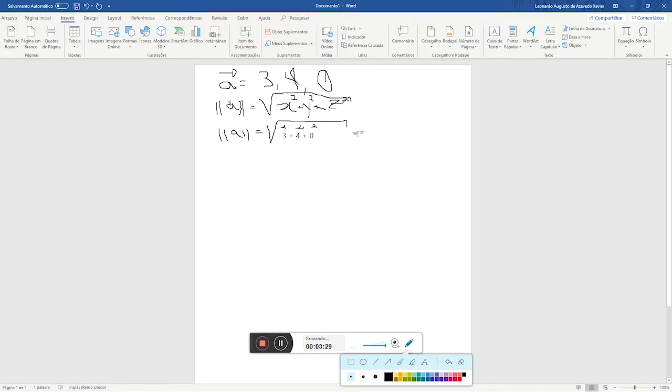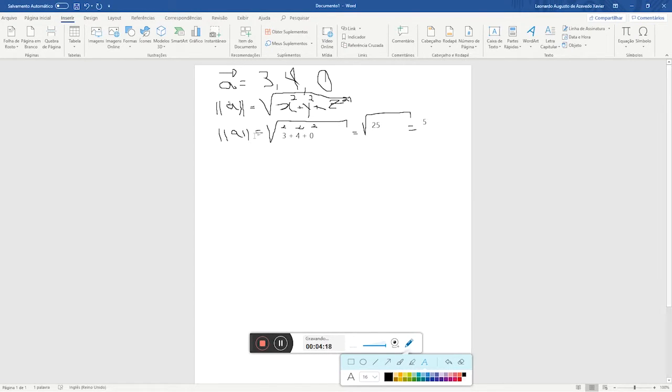The result is going to be the square root of 25, that's going to be equal to 5.